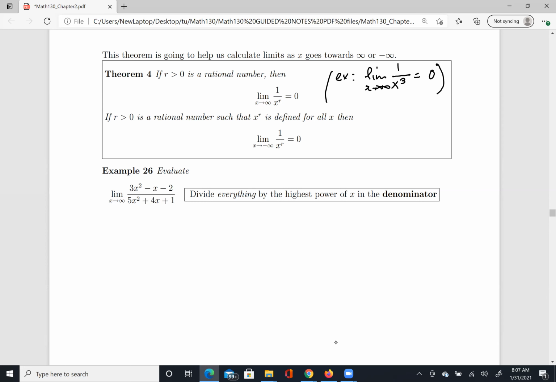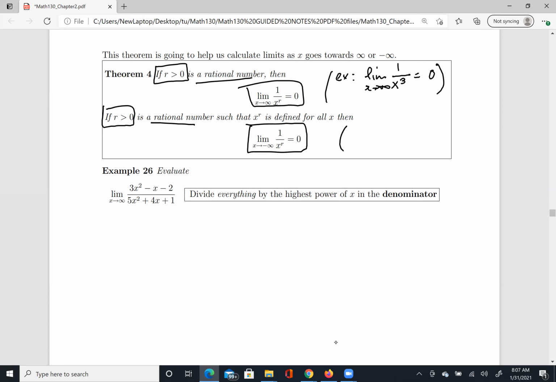And another one down here, we also remember that it only happens when r is greater than 0, right? And it's also a rational number. So you can apply this when x goes to negative infinity, it's also going to give you the limit of 1 over x to the power r also equals 0.